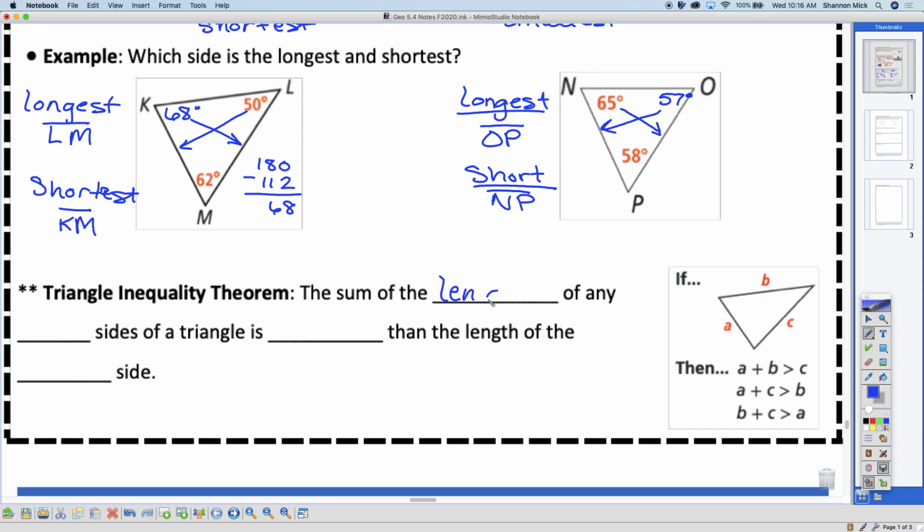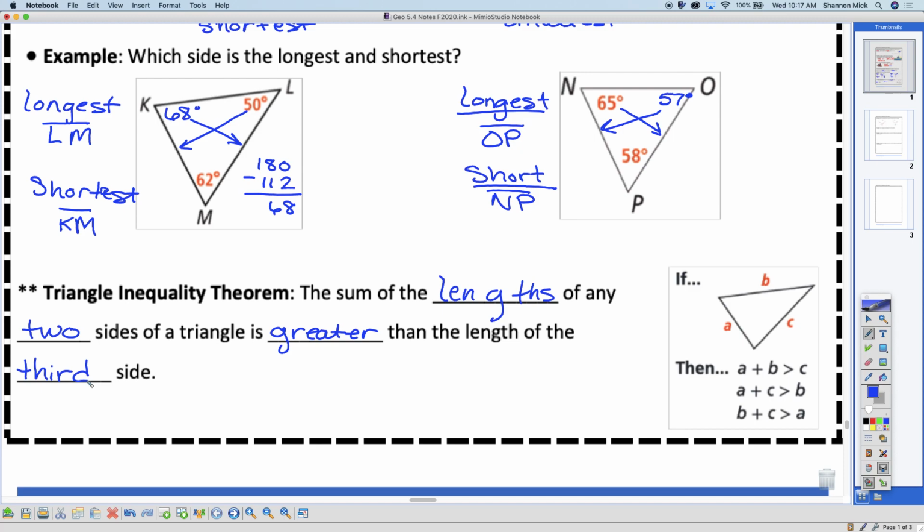So over here it says the sum of the lengths, no angles, of any 2 sides of a triangle is greater than the length of the 3rd side. And we saw that with your straws yesterday, didn't we?